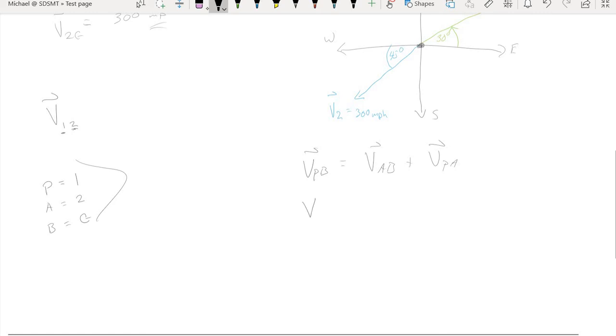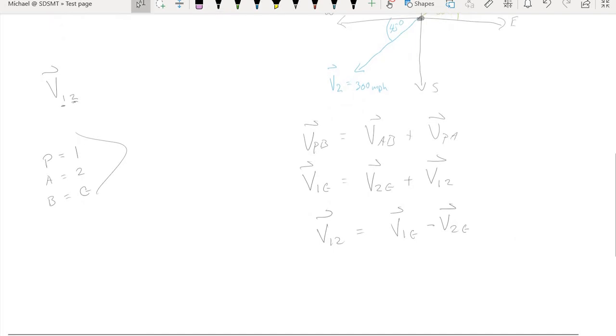So velocity of plane 1 with respect to the ground will equal velocity of plane 2 with respect to the ground plus velocity of plane 1 with respect to plane 2. We want velocity of plane 1 with respect to plane 2, so we will take the difference in our ground-based velocities.